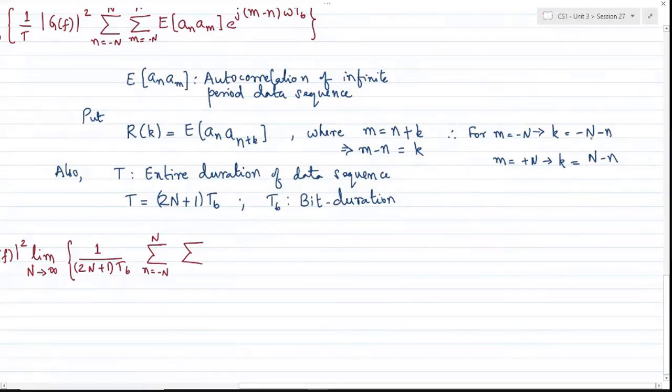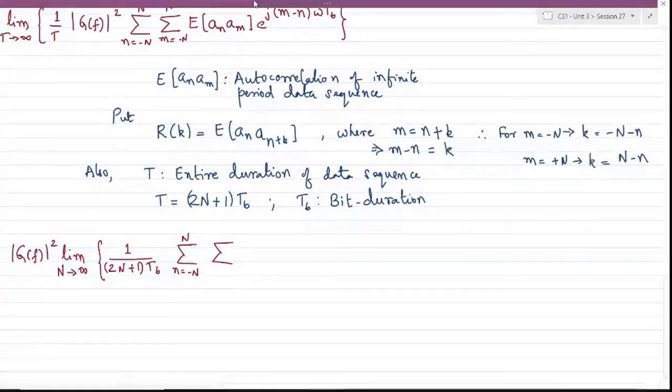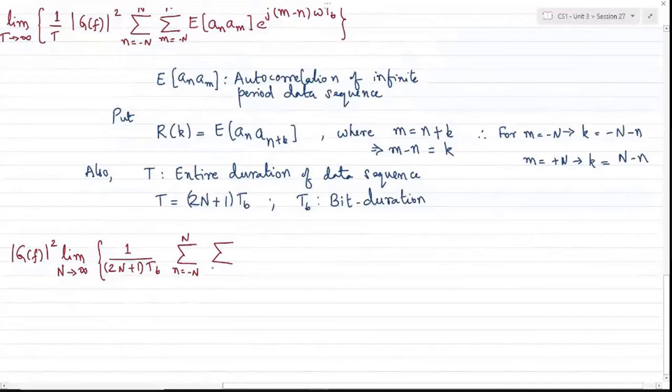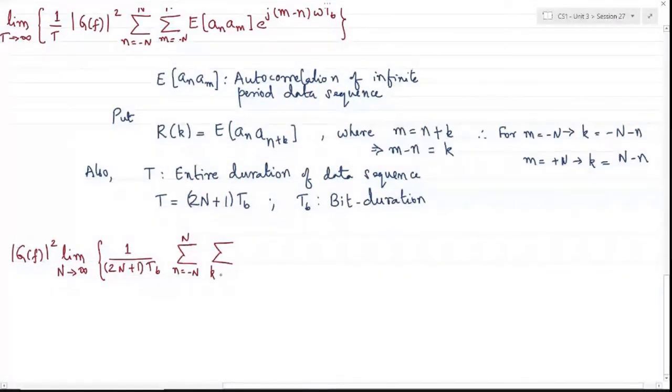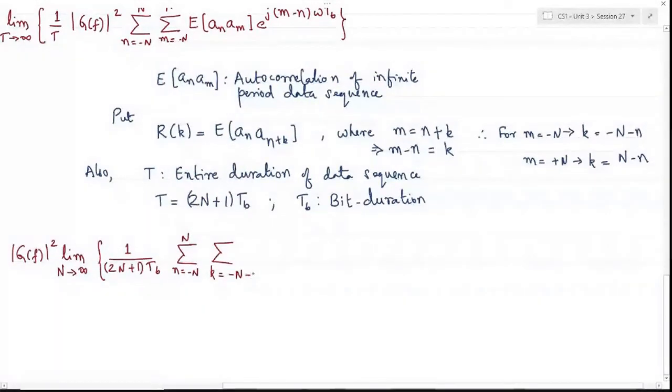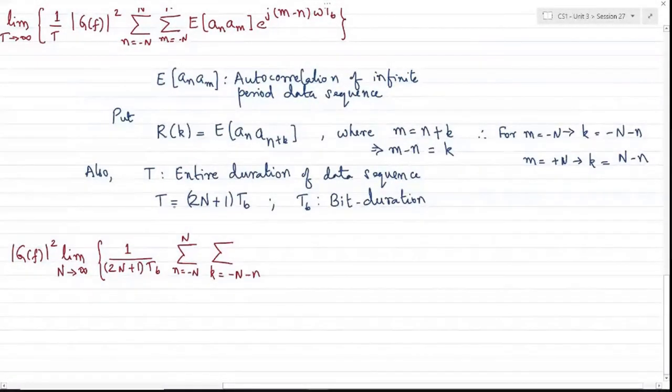Coming back to this quantity, the summation will vary for k from minus N minus n to capital N minus n.